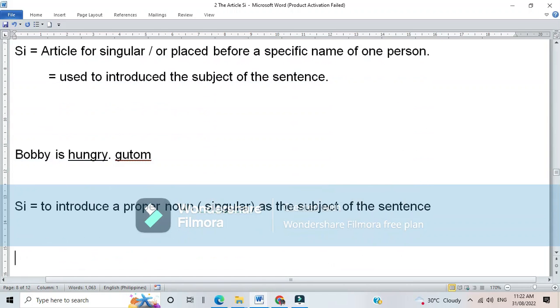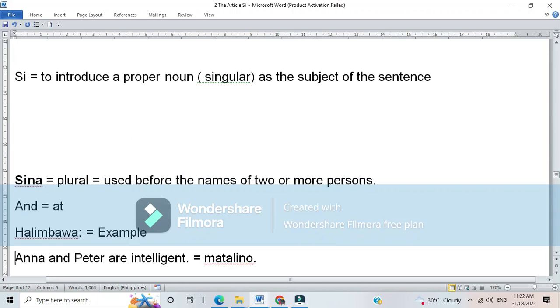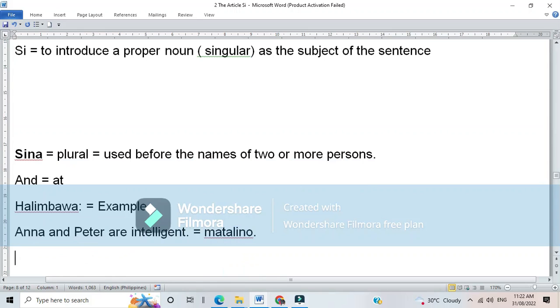Okay, so the next one is we have the sina. Okay, so sina is the plural form of si, used to introduce the names of two or more persons. So for example, we have Anna and Peter are intelligent. So intelligent in Tagalog, that is matalino. Okay, so let us try first the subject predicate. So our subject is Anna and Peter.